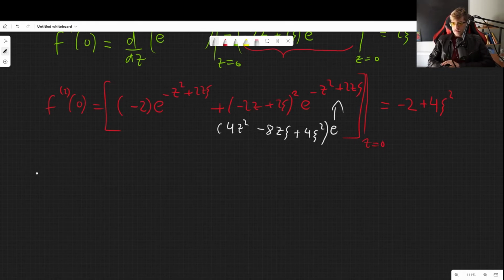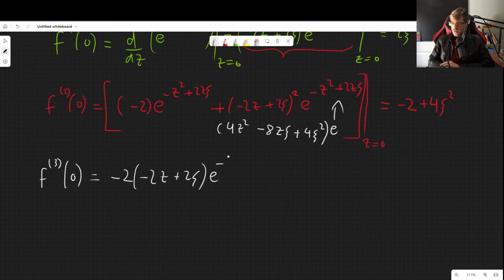Okay. So the third derivative, evaluated at 0, that's going to be minus 2 times, from this one, minus 2z plus 2ψ, e to the minus z squared plus 2zψ. And now from this part, we get plus 8z minus 8ψ, and this 4ψ squared just goes away.